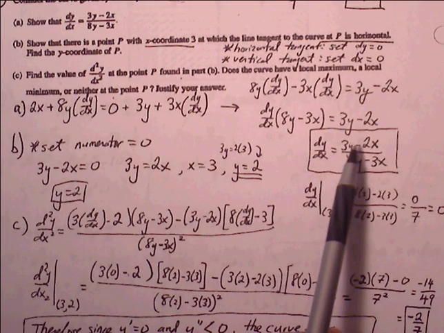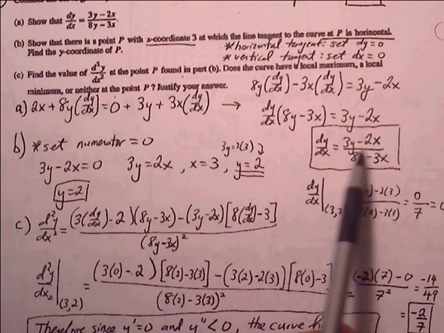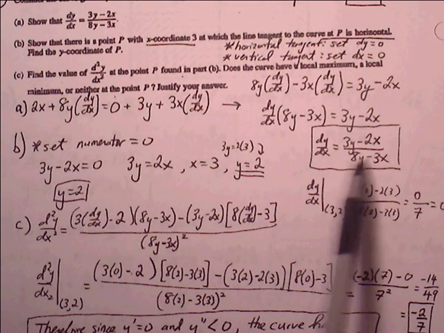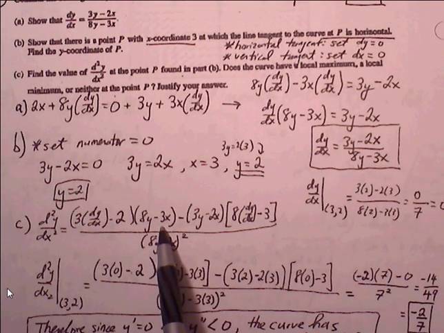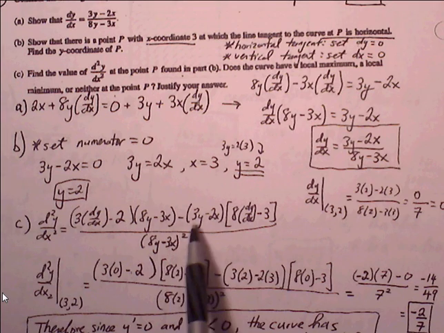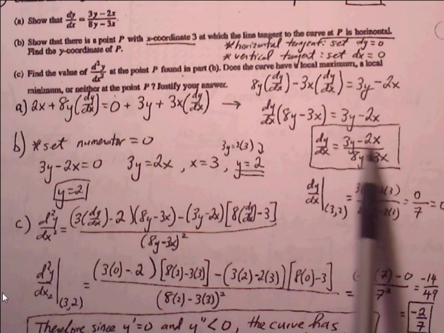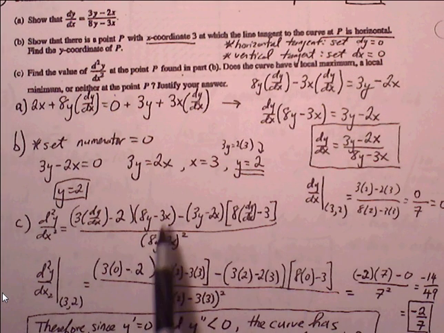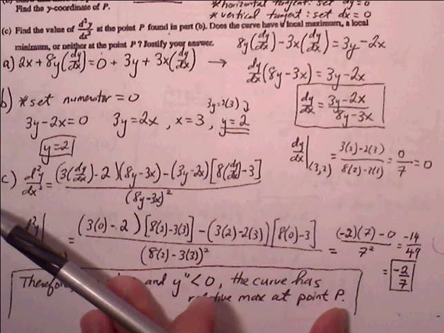Quotient rule: f prime g minus f g prime all over g squared. So f prime, 3y's derivative becomes 3 dy/dx, minus 2, times the g function, minus the f function, 3y minus 2x, all over g prime, which is 8 dy/dx minus 3, all over the denominator squared, g squared.